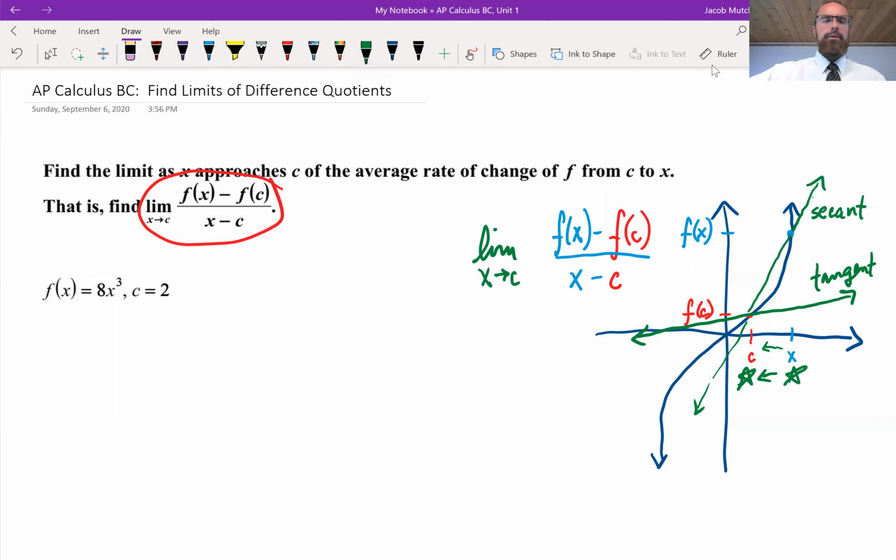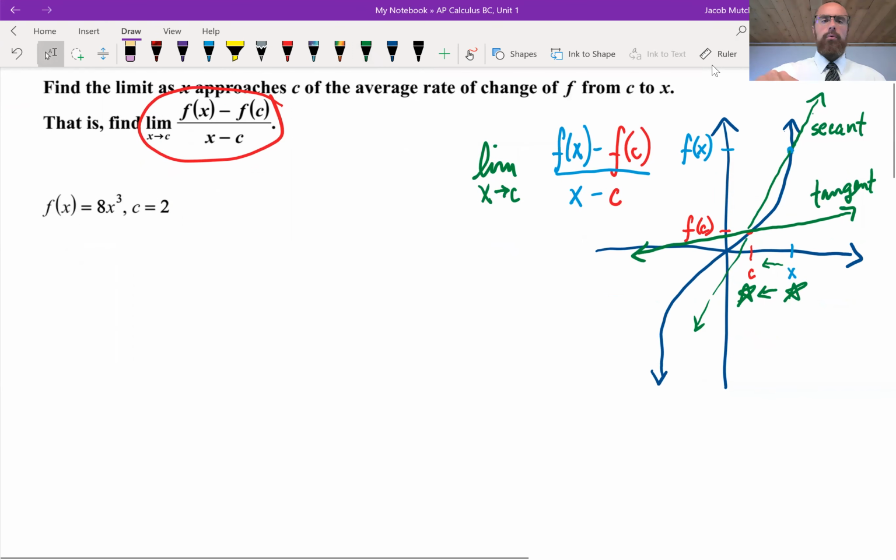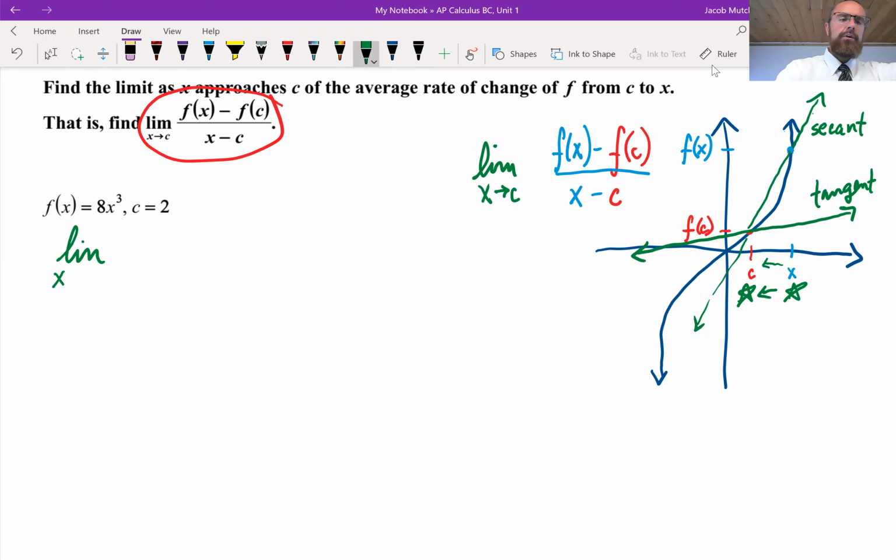Let's put it into some nuts and bolts use. Let's calculate the limit. So we'll write here as x approaches, our c value is 2, of our function f of x. So what we'll do is we're going to note from the way that the average rate of change expression is written, you just write f of x to begin.